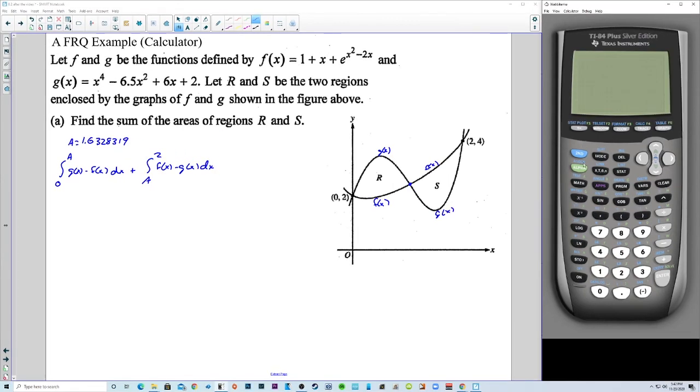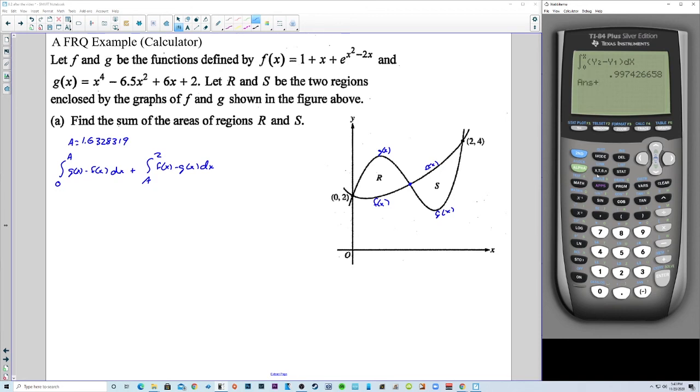So let's go to the calculator, and we're going to go math number 9, and we're going from 0 to x of, we actually want y2 minus y1. So we're going to go variables, y2, and we're going to go minus variables, y1 with respect to x.